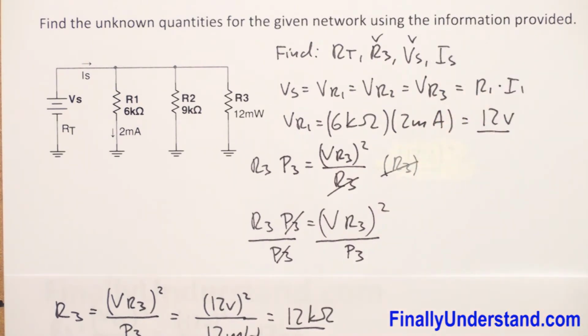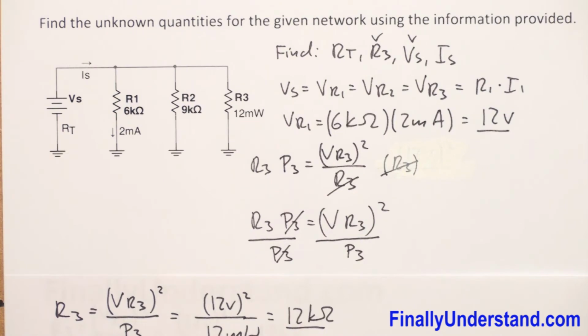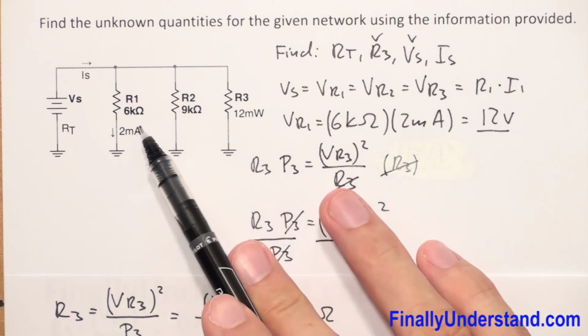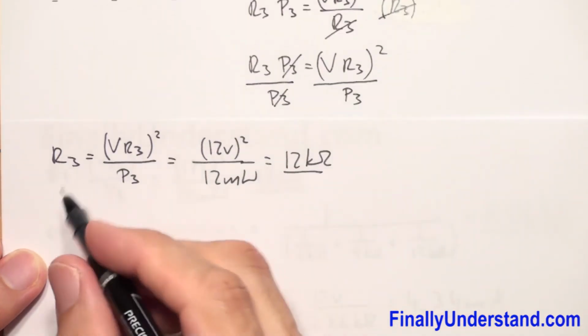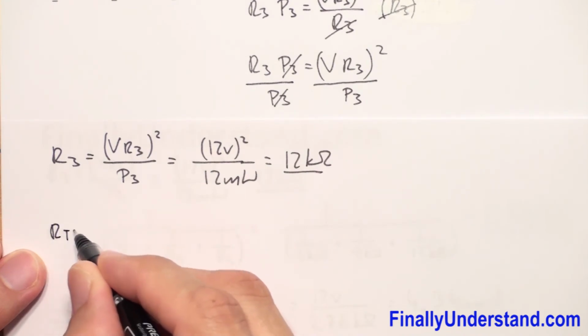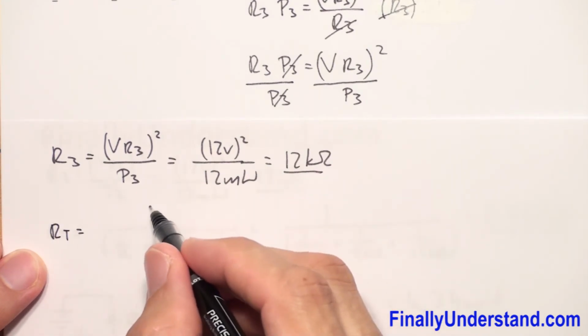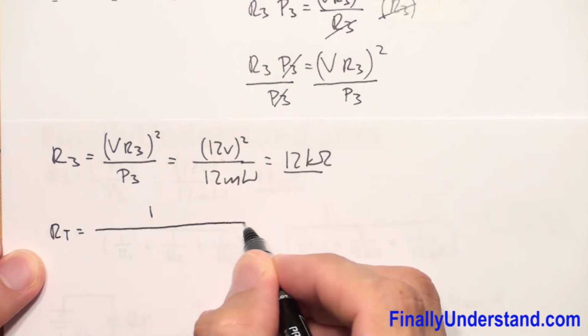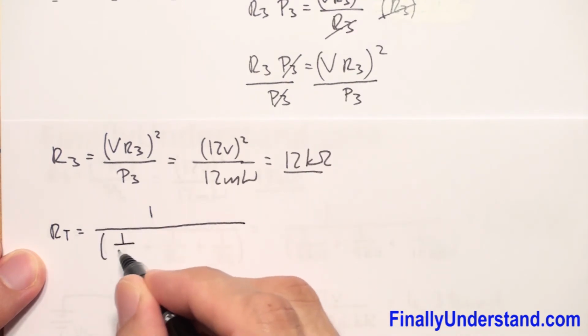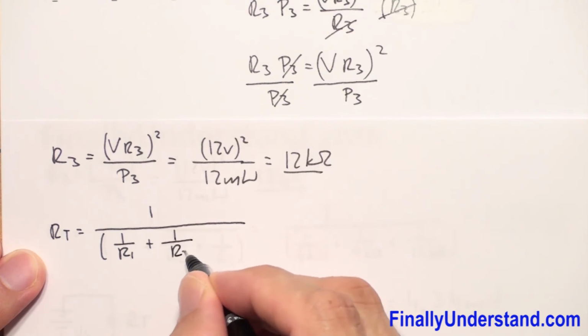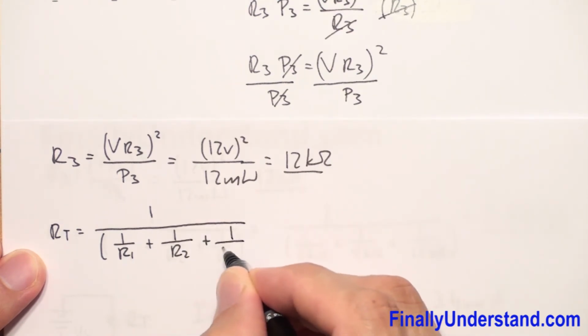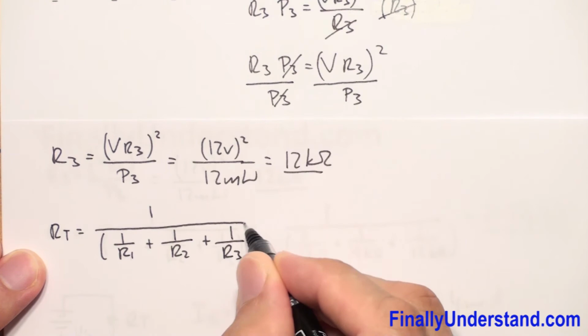Next we're supposed to find the total resistance. Because we found already R3 and we have given R1 and R2, I'm going to find R total. R total is equal to 1 divided by, open parenthesis, 1 over R1 plus 1 over R2 plus 1 over R3.